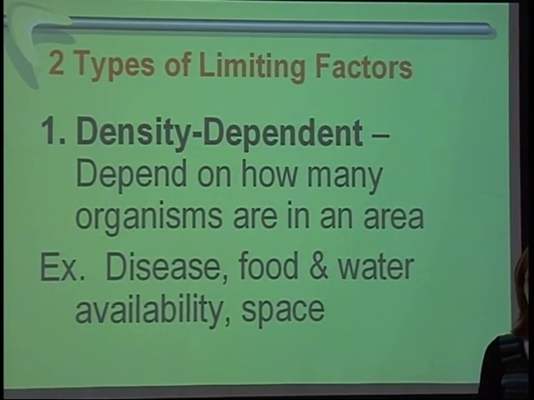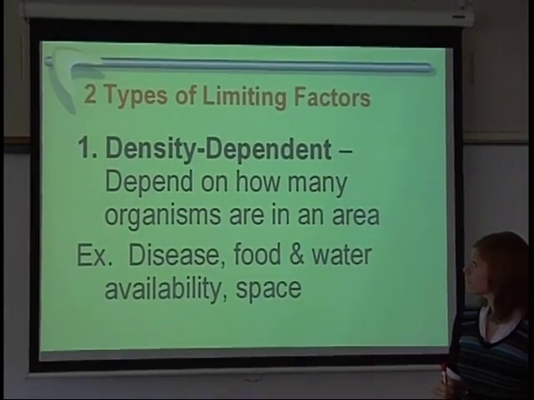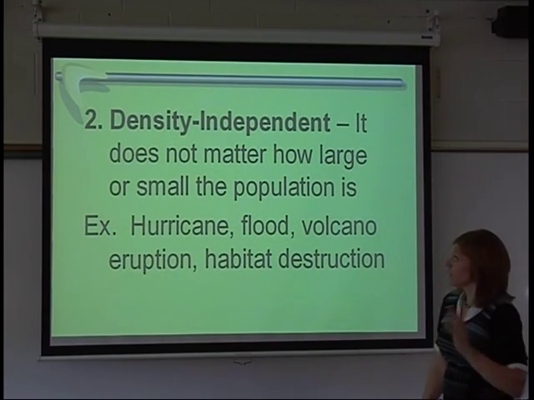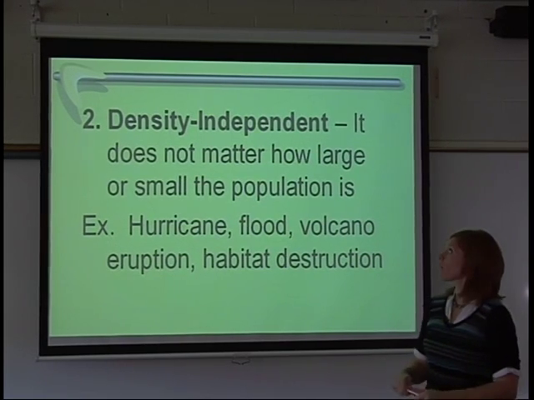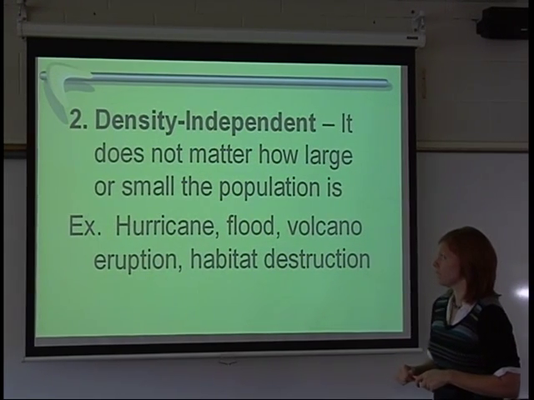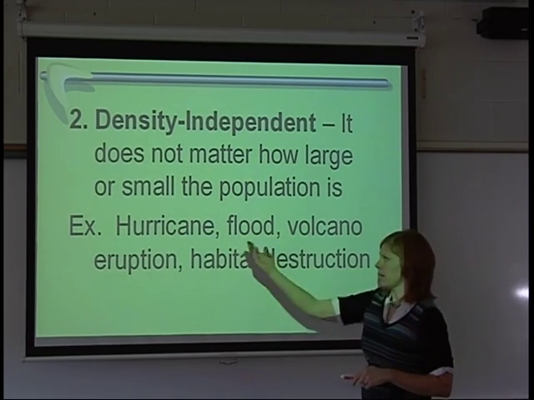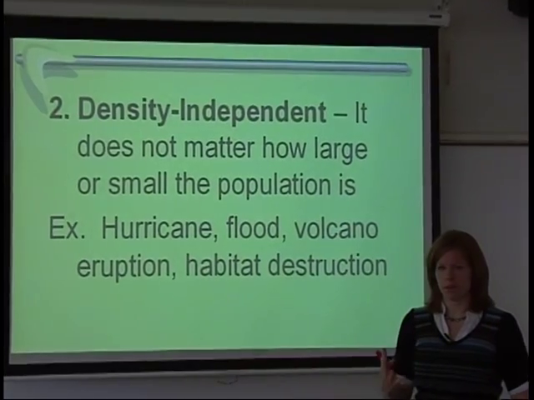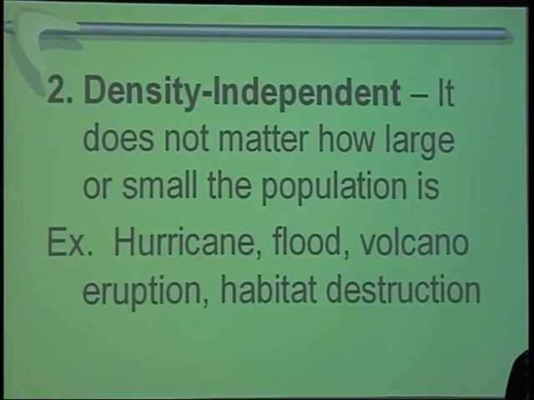This is as opposed to the density independent limiting factors. These don't matter how many individuals there are. It doesn't matter how large or small the population is. These would be things like a hurricane. If a hurricane comes ashore and wipes out an ecosystem, it doesn't matter if there are 10 organisms living there or 10,000.